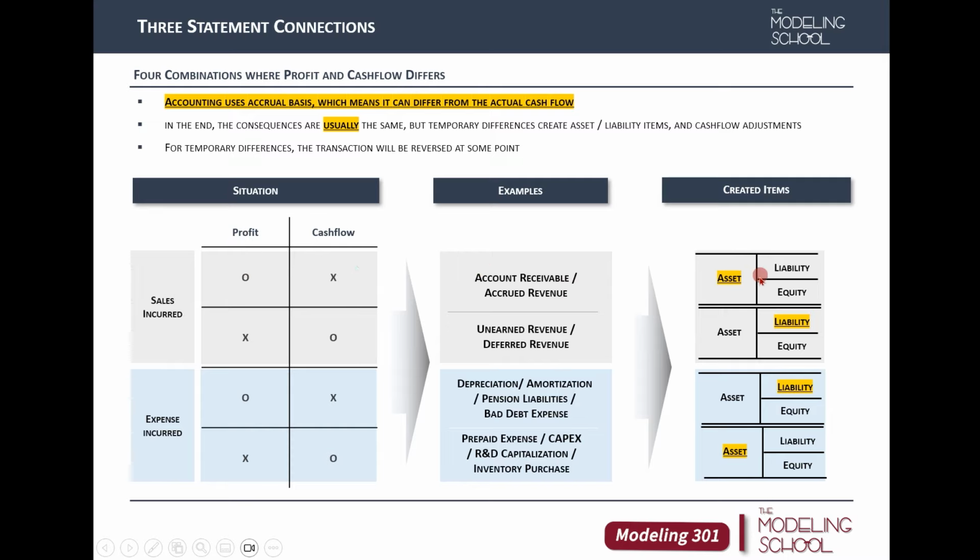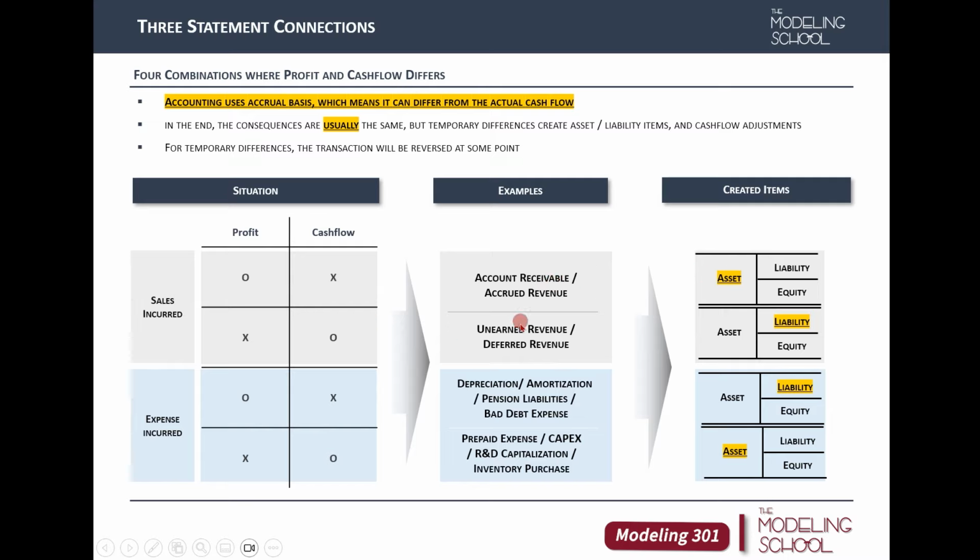From the company's perspective, you have future benefits. You have future cash to collect. So that is recognized as an asset. It creates an asset. So accounts receivables or accrued revenue, which is rarely used, but accounts receivables can, of course, be seen very often. These two items are recognized as assets.